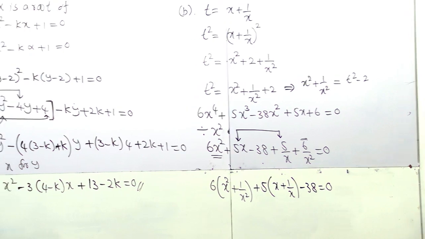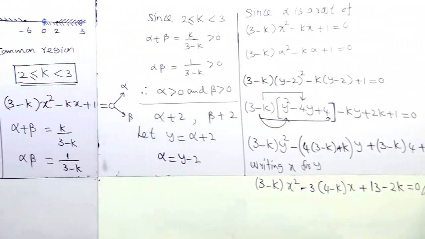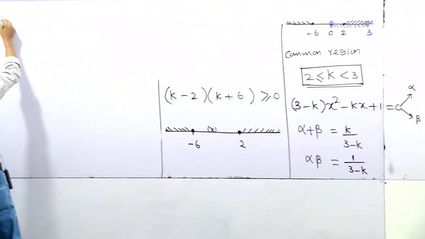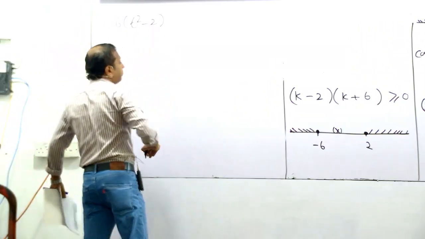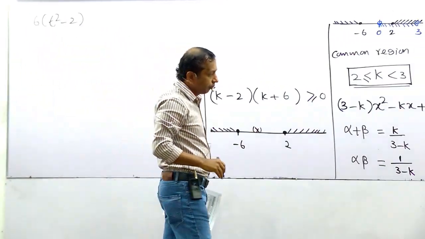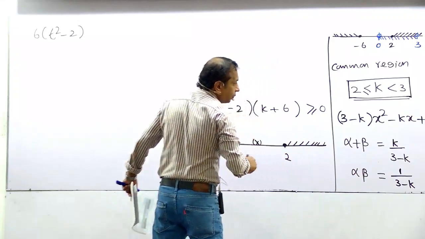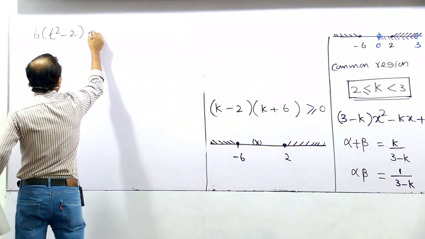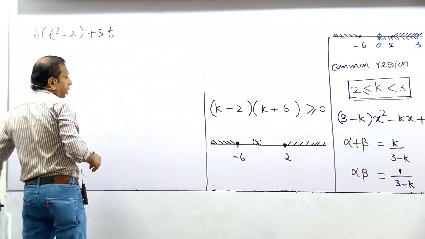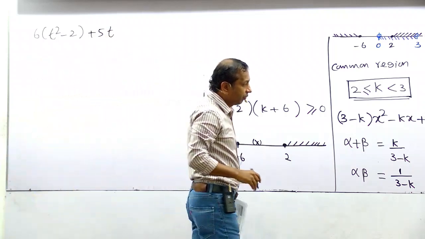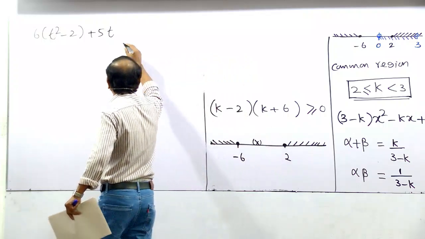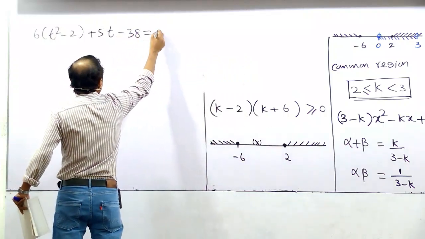Okay, now 6 times t squared minus 2, yes, 5 times t, middle term, minus 38 equals 0, right?